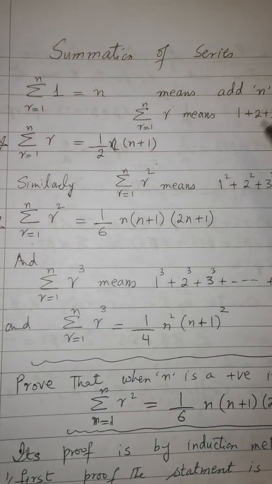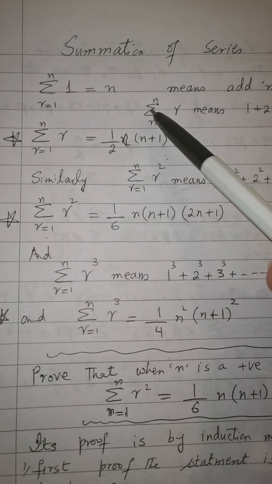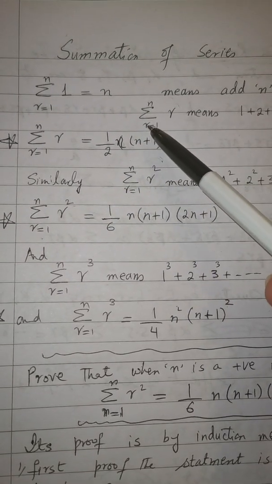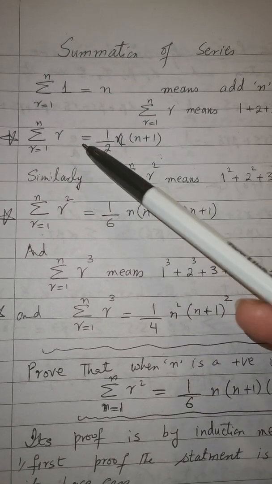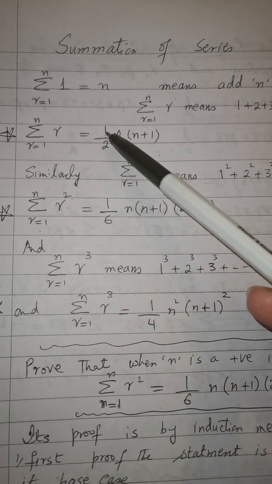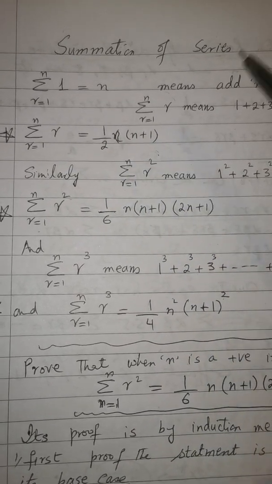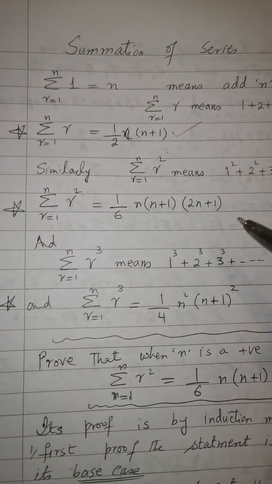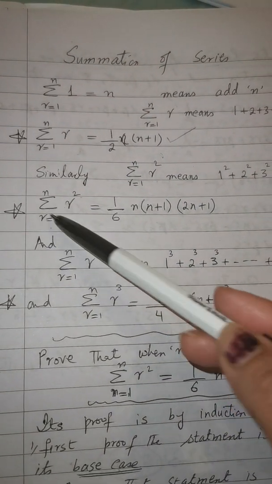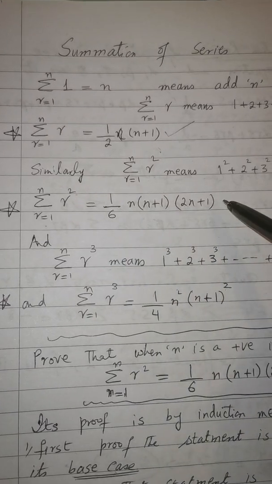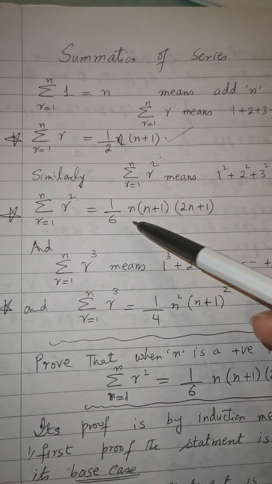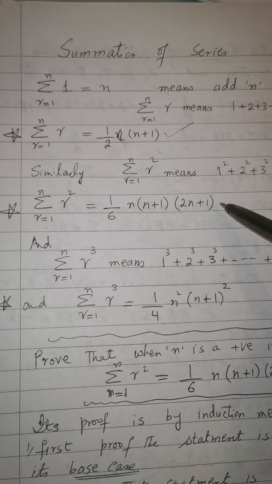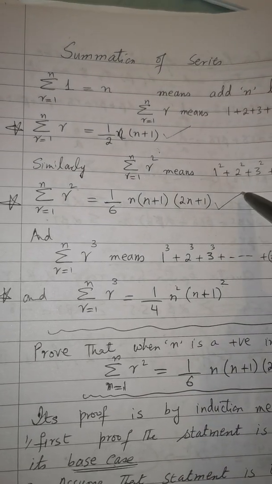Now we have to remember the formulas of this. Summation r is equal to 1 to n of r. Its general formula is 1 by 2 n into n plus 1. We have to remember these formulas, right? And summation r is equal to 1 to n of r square. Its formula is 1 by 6 n into n plus 1 and multiply by 2n plus 1, right?